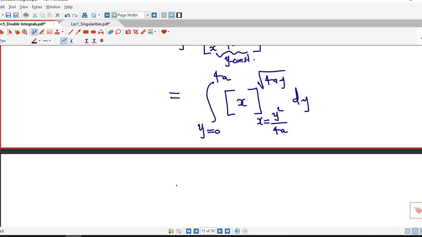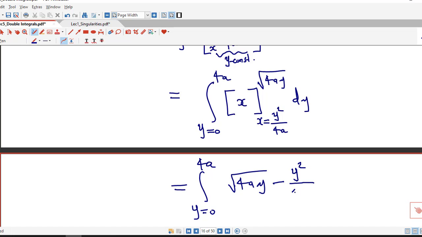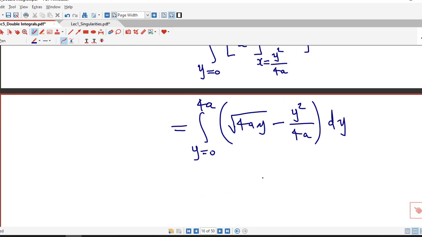So now we put values of x. Y is from 0 to 4a, upper limit is square root of 4ay, lower limit is y square by 4a, and we have to integrate this with respect to y.